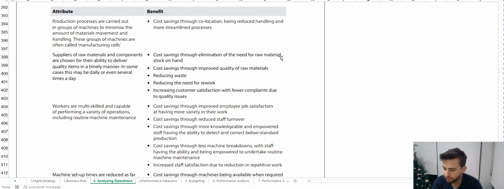Some examples here. So for example, production processes are carried out in groups of machines to minimize material movements. The benefit of that attribute is cost savings through co-location, being able to reduce handling, more streamlined process.